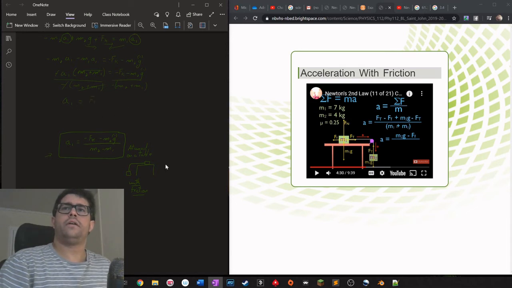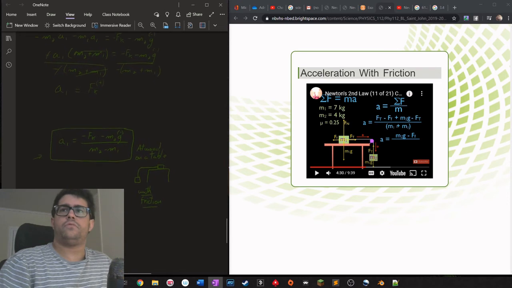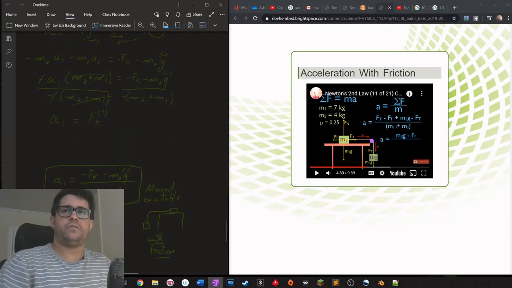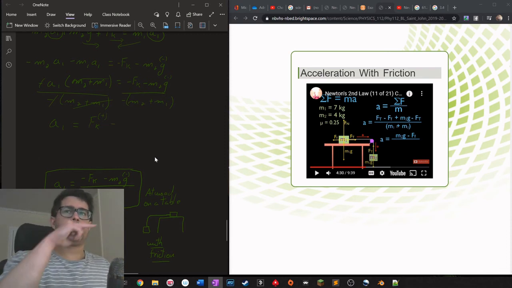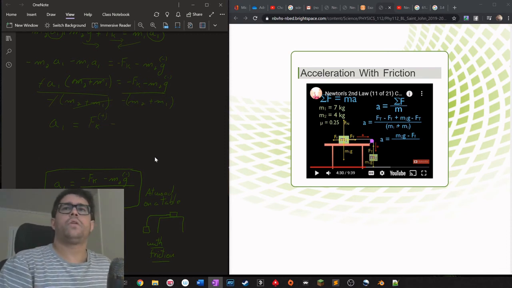It creates a FK positive. By the way, let's write positive in the FK, because that's how we treated this FK. This FK was a positive FK because it's going right. Plus M2G. G is negative.